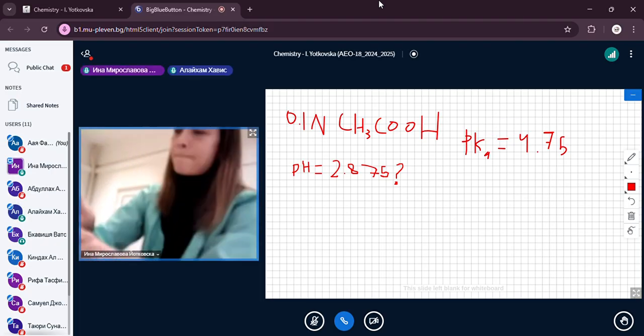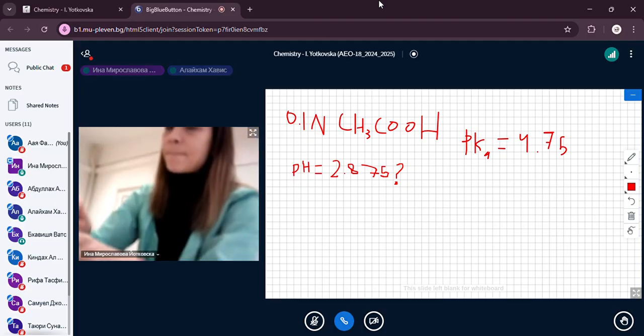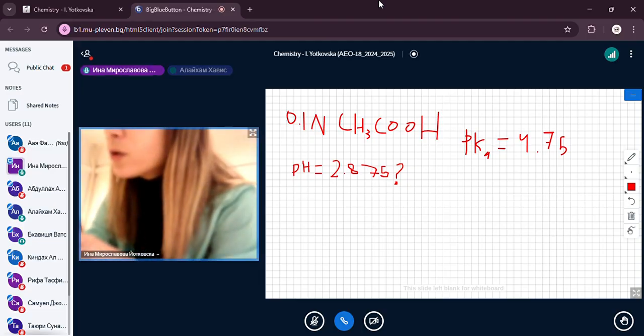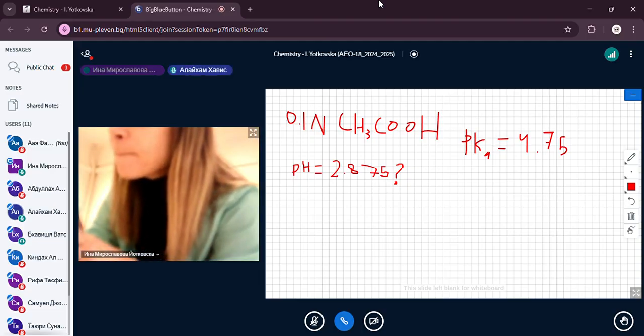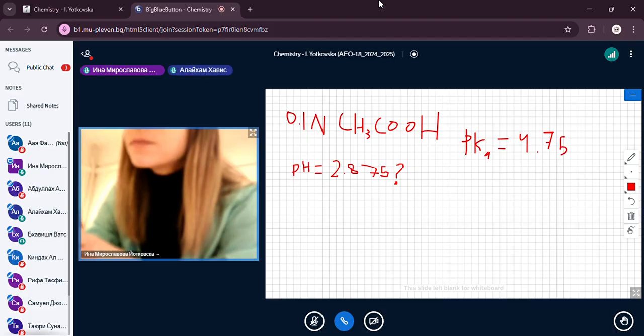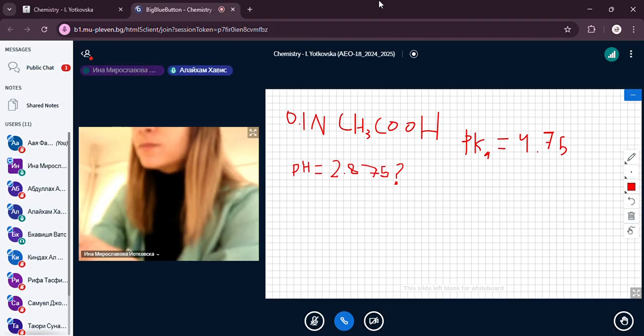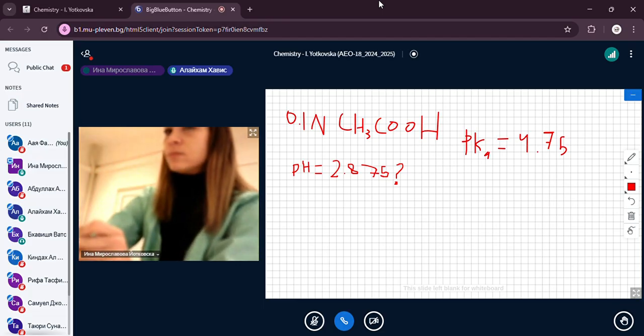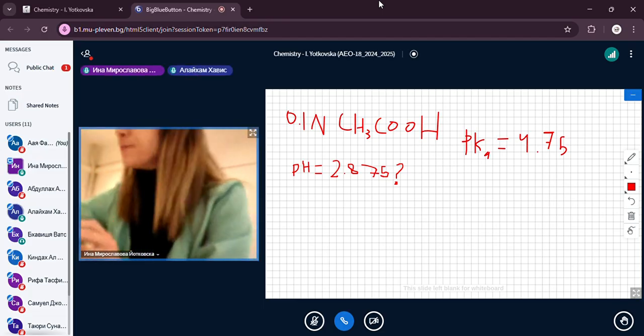Which acid is this? Was that acetic acid, the 0.1, or which? No, this is not acetic acid. Gastric juice. Okay. So it's hydrochloric acid, right? Yeah, absolutely.